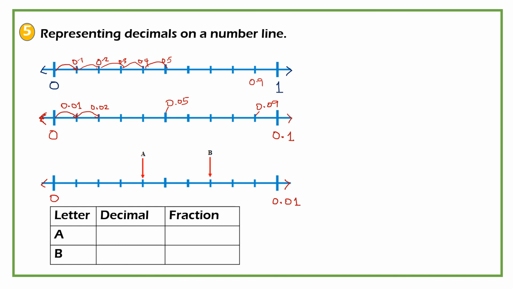This actually means that this will be 0.001, and this will be 0.002. Then A will be 0.004.